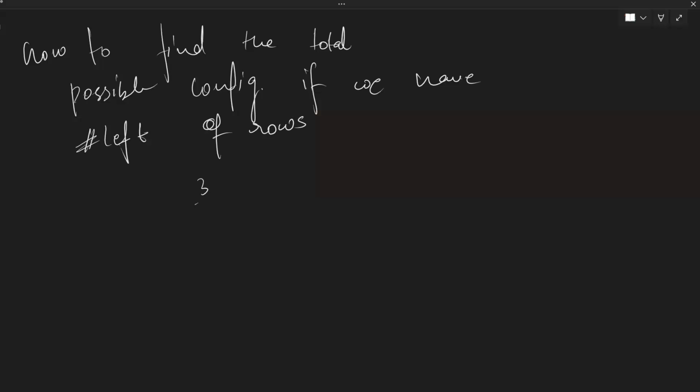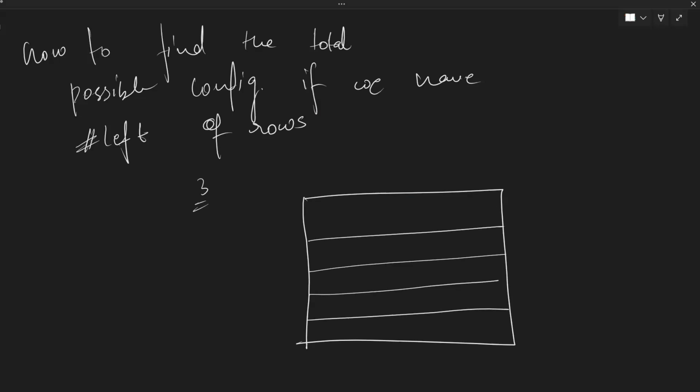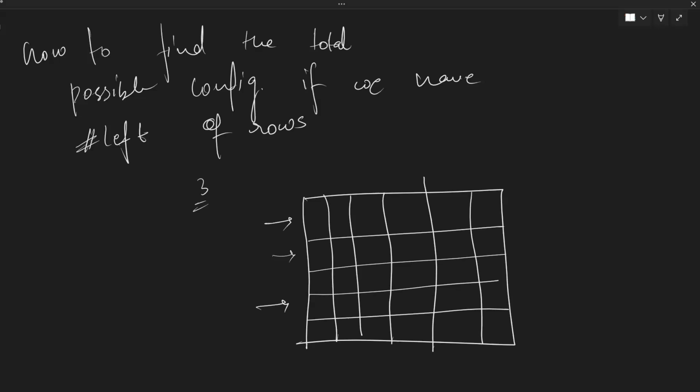Let's say we have 3 rows left. How many possible configurations are there? If you have 3 rows left, there would be 3 columns left. So forget about the columns, just look at rows. Let's say you have this one left, this one left, and this one left.